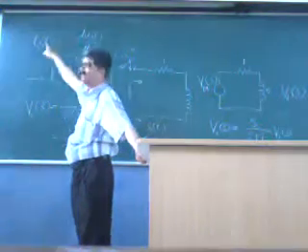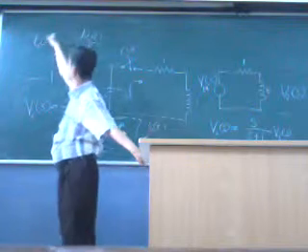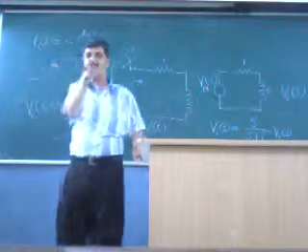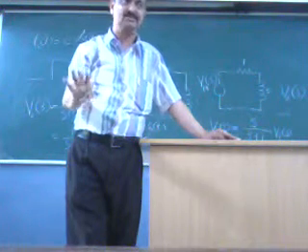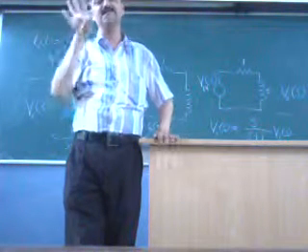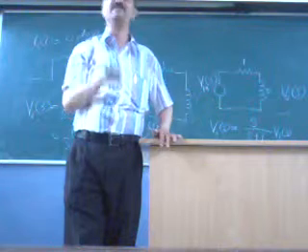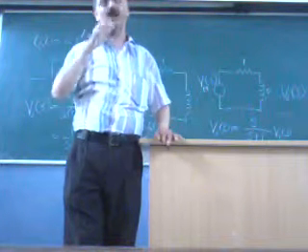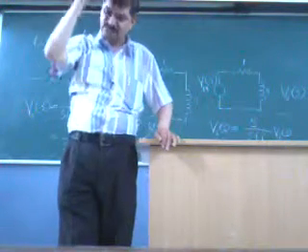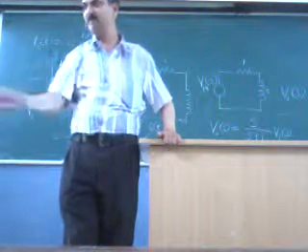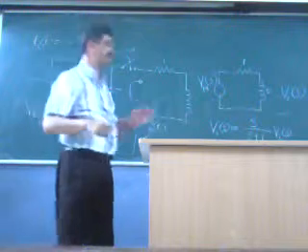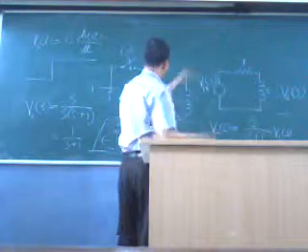And then if I take VC(s) upon IC(s), it becomes 1 upon SC. You can very easily derive. For zero initial conditions, we can very easily say that the impedance of the capacitor is 1 upon SC and the impedance of the inductor is SL. Even if you have not understood, follow it blindly for some time and you can solve all the problems. There will not be any problem at all. So straight away we come to the solution.